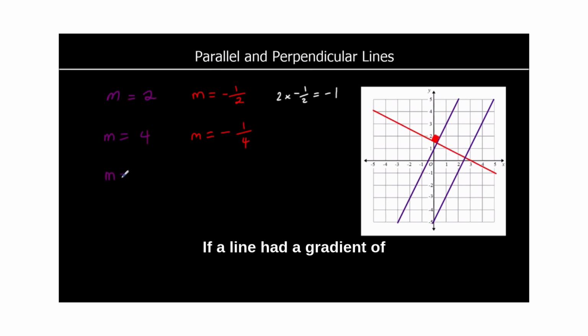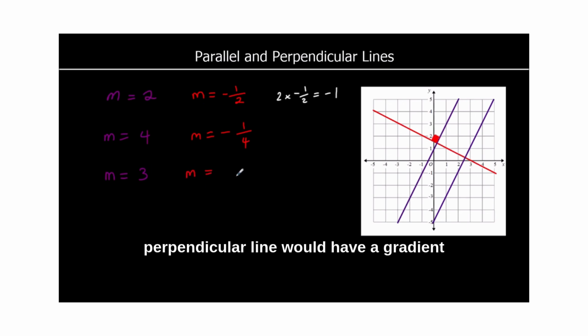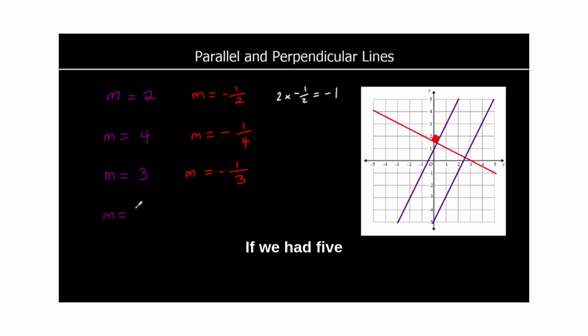If a line had a gradient of 3, the perpendicular line would have a gradient that'd be negative, and it'd be 1/3. So negative reciprocal. If we had 5 over 2 for one of them, the other one would be negative and 2/5.